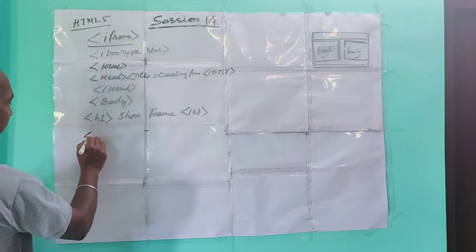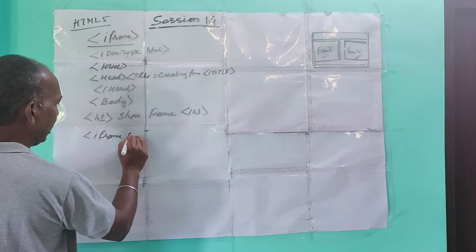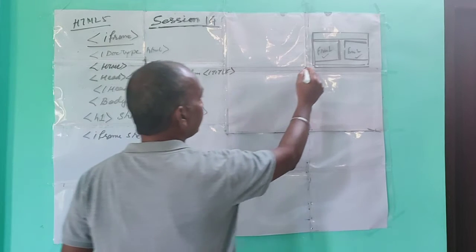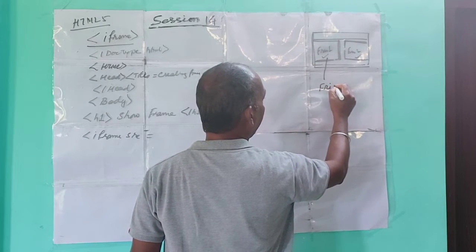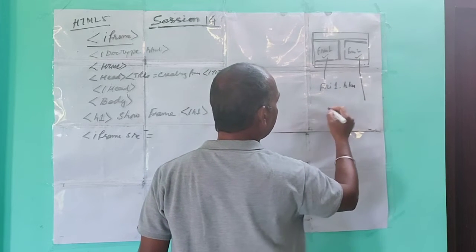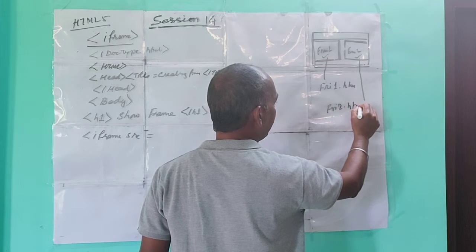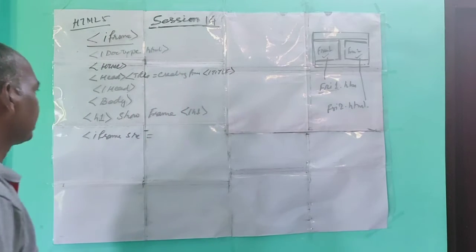Next comes the iframe. iframe src equals, for this frame the file name is fri1.html. For this one the file name is fri2.html. So I'm giving fri1 and fri2 for your convenience.